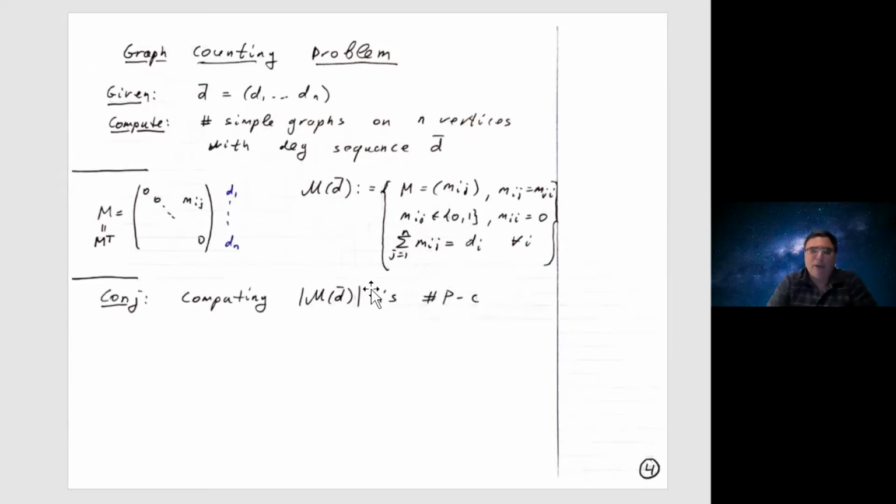If you do that, then you conclude that this is again one of those problems of counting the number of integer points in a polytope, and it suddenly turns out that we don't know if computing the number of graphs with given degree sequences is actually #P-complete. That's an open problem. Is the problem clear?